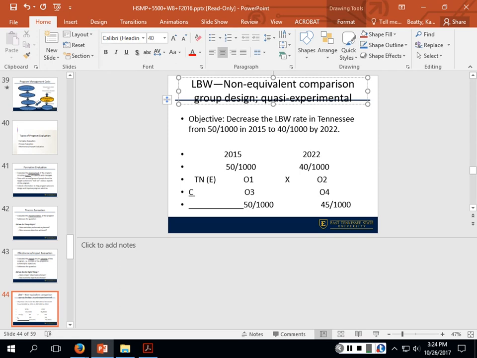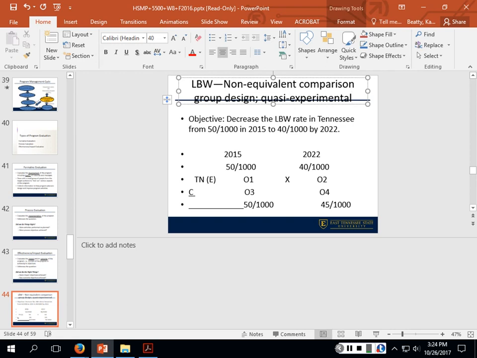So again, unlike the one group pre-test, post-test, which was a non-experimental design, this is a quasi-experimental design, meaning, again, it's not an experimental design where we have randomization. It's quasi-experimental, it's as close as we can get to an experimental design given the conditions that we have.